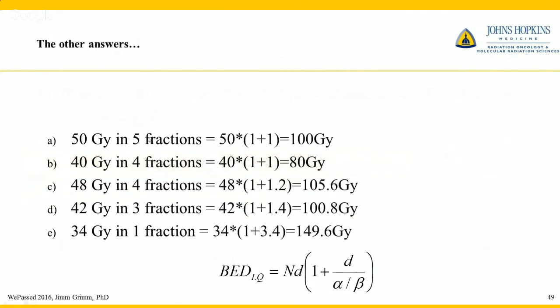The other answers are all of interest because basically what I did is 5, 4, 3, and 1 fractions. These are fairly close to that 100 gray benchmark level. So 48 gray in 4 fractions would also have similar BED to 50 in 5, or to 42 in 3, if the LQ with alpha beta 10 is correct, which is still highly debated.